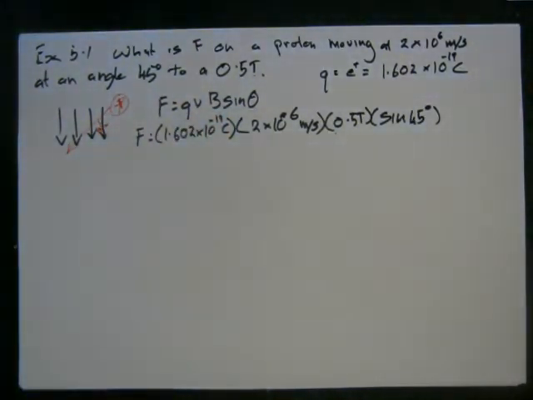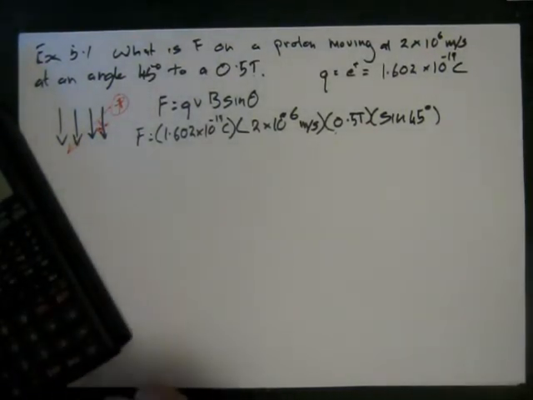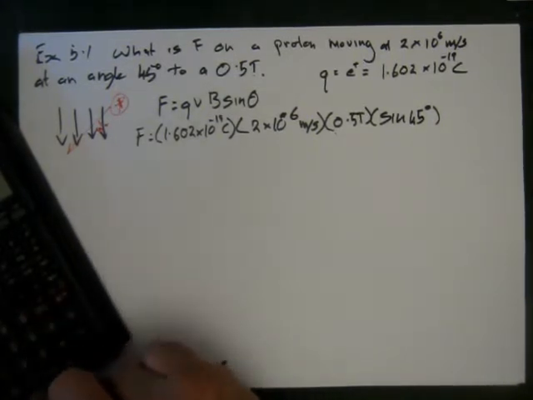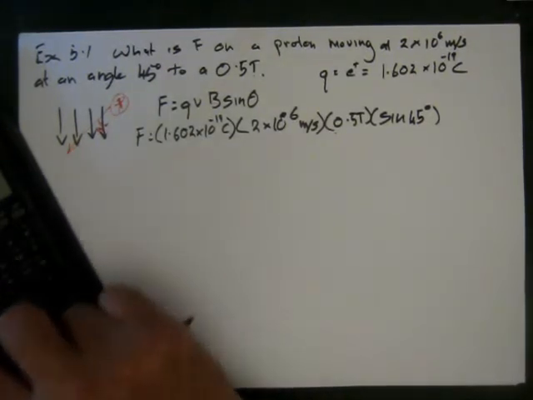So what we can do then, it's calculator time. 1.602 x minus 19 times 2x6 times 0.5 times sine 45.